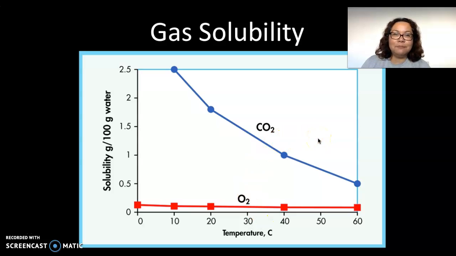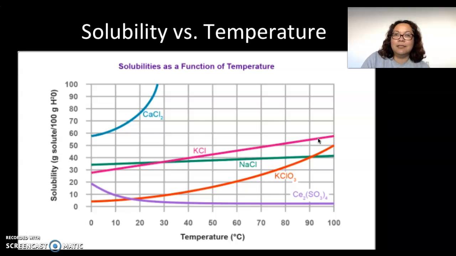All right, so this is where we stopped talking about the solubility of gases. It is just the opposite of liquids, where if you increase the temperature, the solubility of gases decreases. Now, solubility versus temperature. You guys have this graph on your assignment, and I would consider this the literacy portion of your assignment.